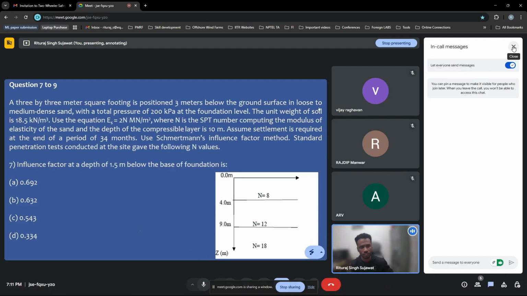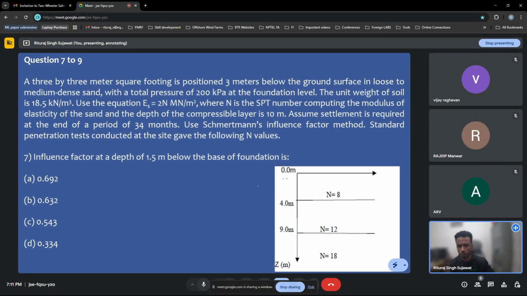You can refer to those slides from Professor Bedi's lecture notes, where he has explained the Schmertmann influence factor method. I'll also check that for your cross reference. Let me check whether I have access to that.